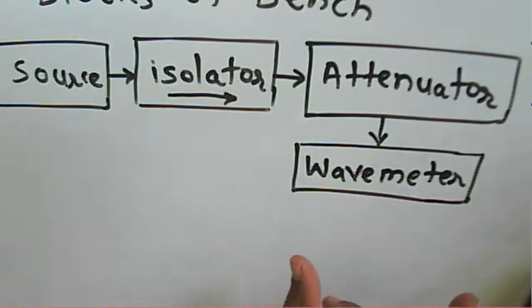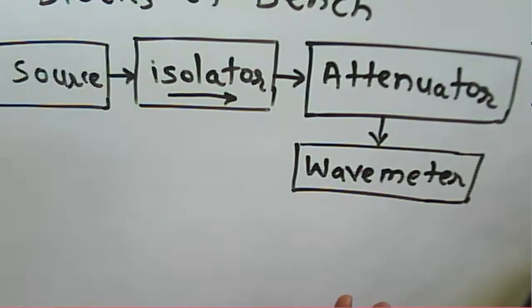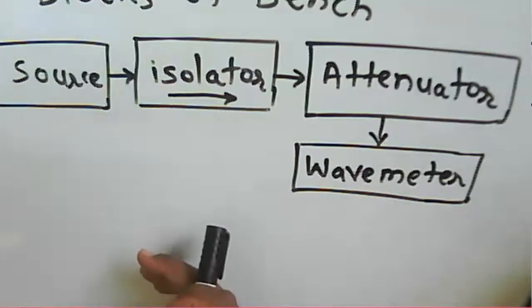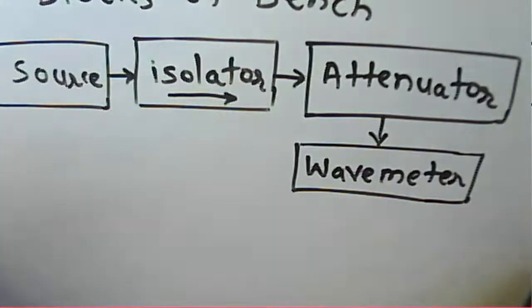In the direct type there are two methods: one automatically displays the values on the display, and the other requires us to find the dip at the load or at the detector.